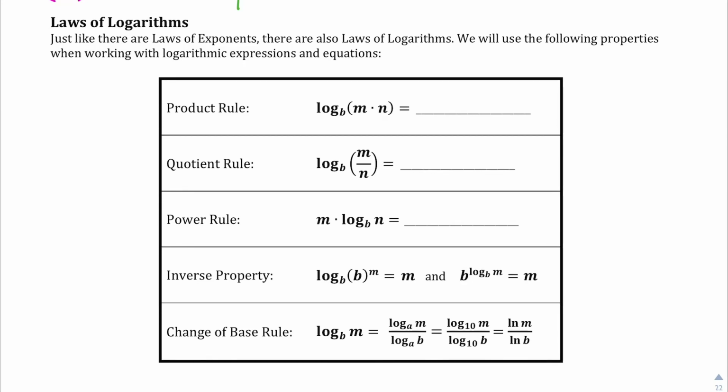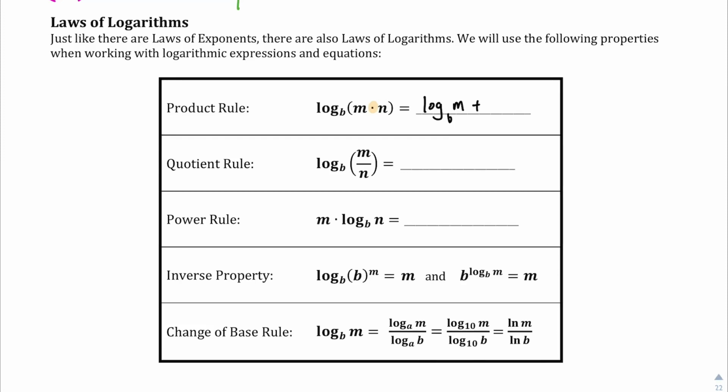As I explain these rules, there's obviously going to be a connection to the exponential rules because they are inverses of each other. When we have a base b logarithm of the product of two values, that results in a sum of logarithms.